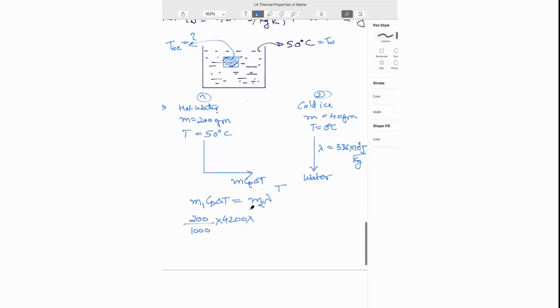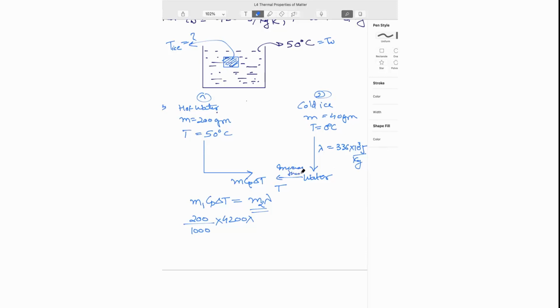whether this is just equal to this, or there is some amount of heat remaining to increase the temperature of this water. So let's consider that case. There may be a possibility that some amount of heat is required to increase the temperature of this water.